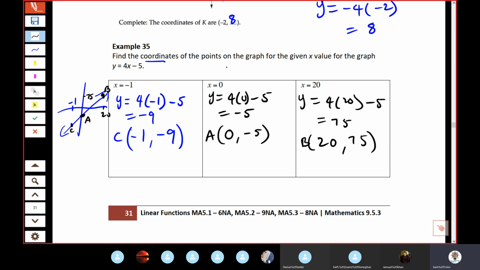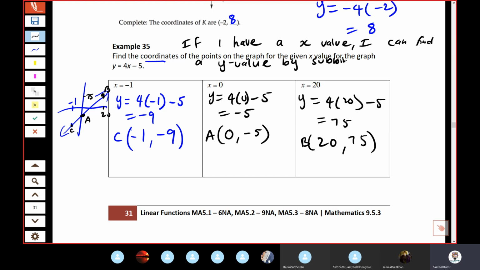So I think the lesson you want to take out of this is, if I have an x value, I can find a y value by subbing into the equation.